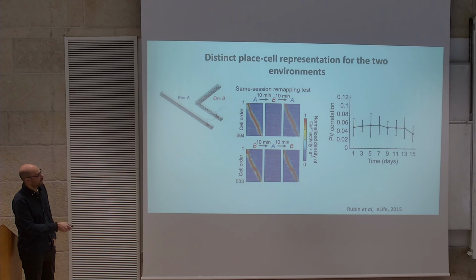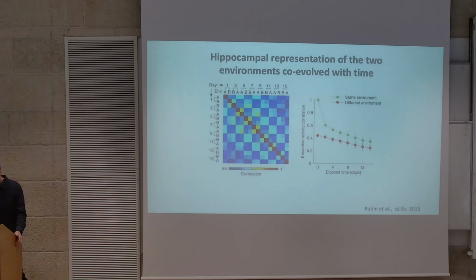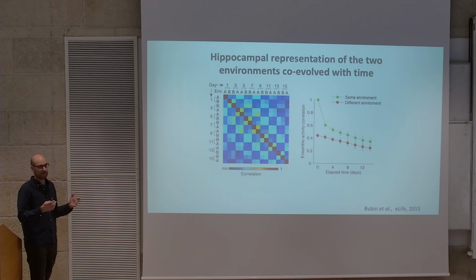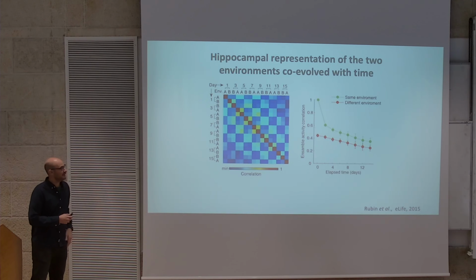The similarity between them is quantified here by a measure I will mention several times in this talk, the population vector correlation, which is the correlation between the activity of the entire recorded population per different bins along the linear track. So this is very low and remains low throughout the experiment. And given this, we now calculated the similarity between the ensemble activity patterns in different sessions and different days.